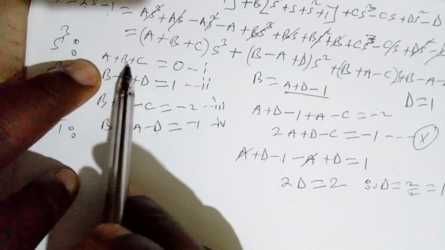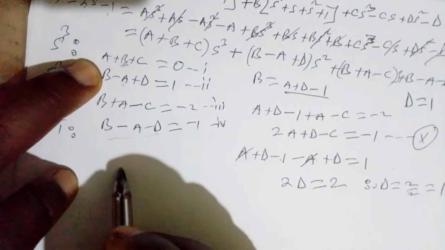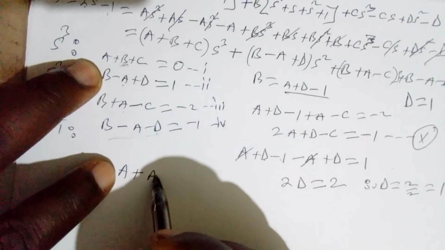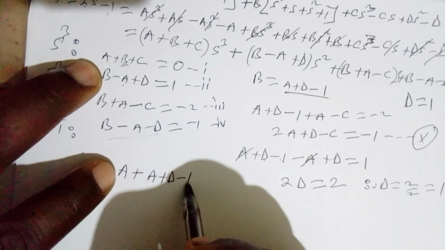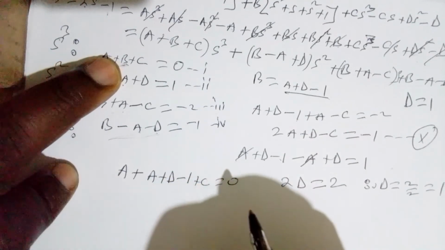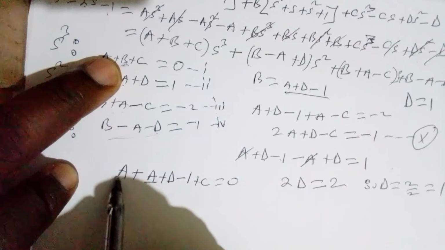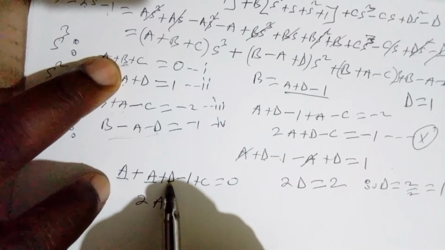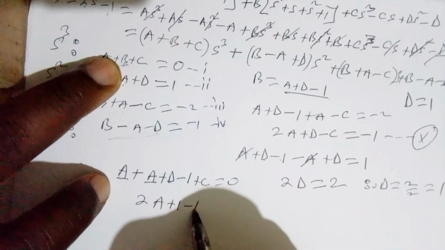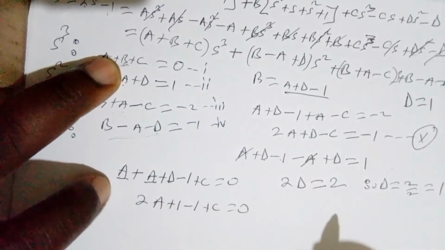Then we substitute this b in the 1st equation. So we have a plus b is a plus d minus 1, then plus c equals 0. This is 2a. Now d is 1, plus 1 minus 1 plus c equals 0.